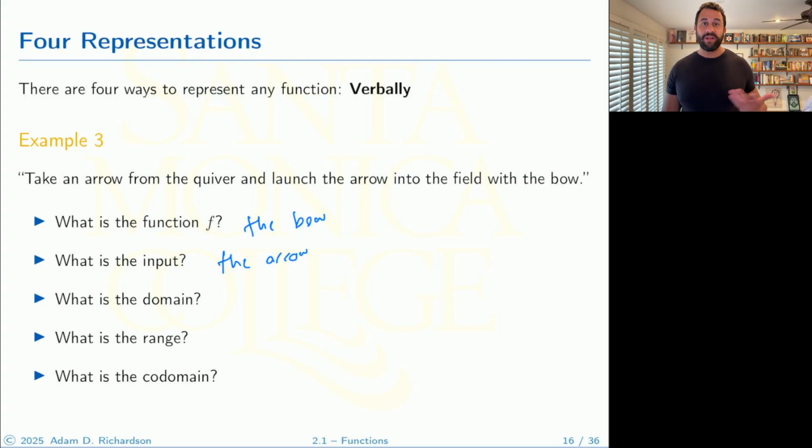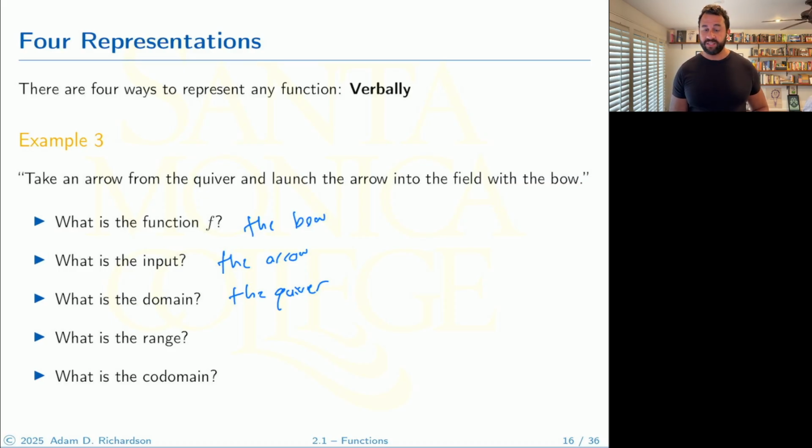Yes, I know there are other weird things you could try to launch with a bow, but it probably will not work very well. It's the arrow. What is the domain? Remember, the domain is the collection of all the inputs that work. In our case, the domain is the quiver. It's the basket that's holding all the arrows. The collection of the arrows is the domain.